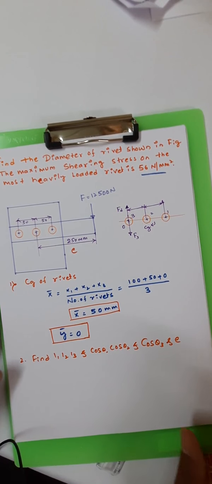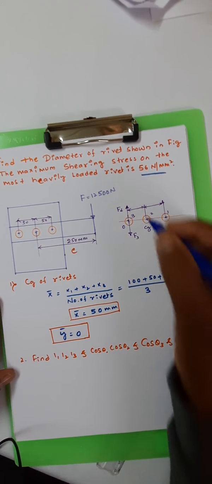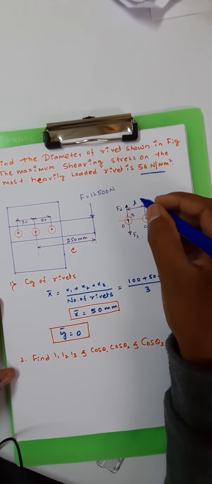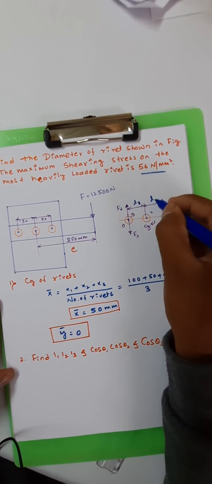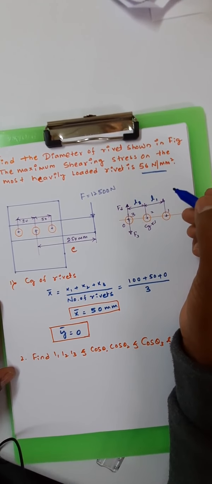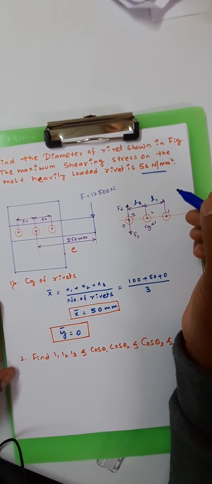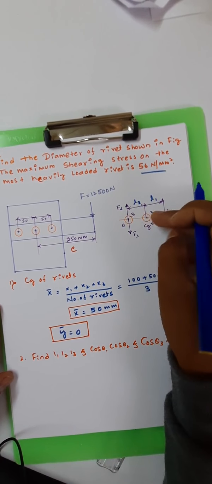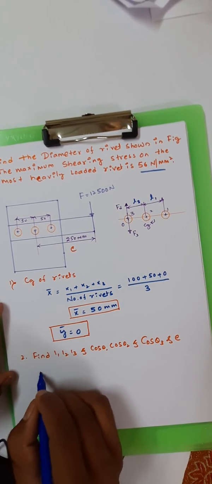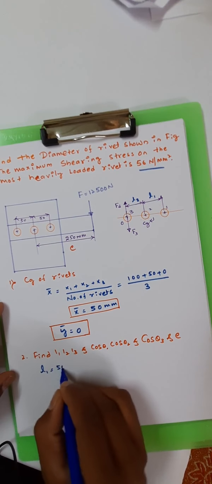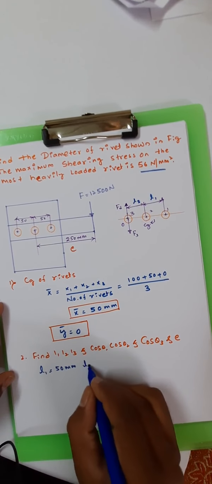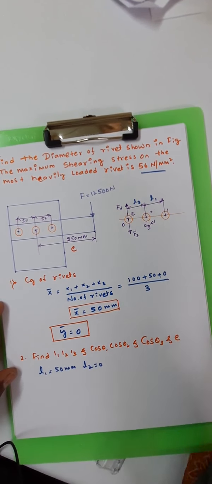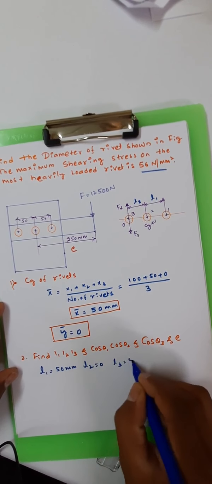From this figure, I will directly consider this as L3 and this as L1. From that we can find that L2 will become 0 here, because this is the CG. So L1 is equal to 50 mm, L2 is equal to 0 because this is the center of gravity, and L3 is equal to 50 mm.